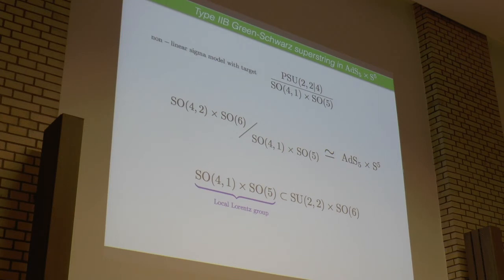Therefore, if you restrict your attention to the bosonic subgroup of the numerator, then the bosonic part of this coset is precisely AdS5 cross S5 space.